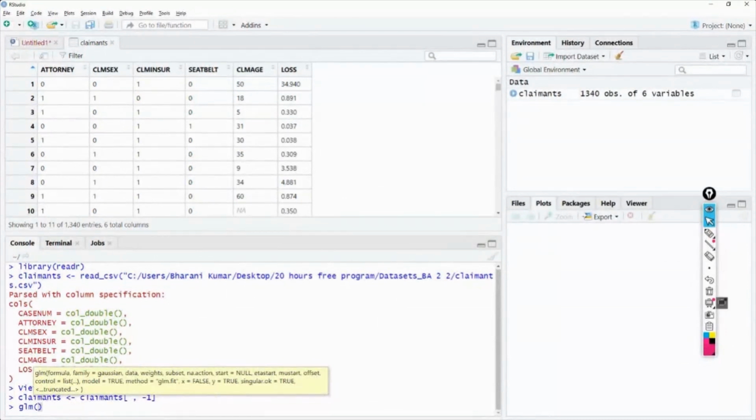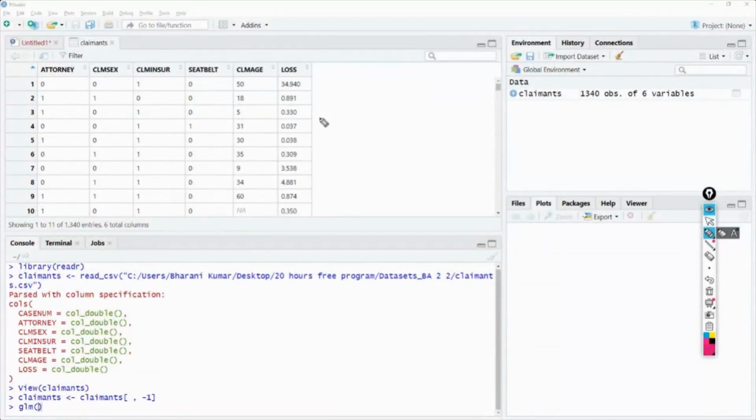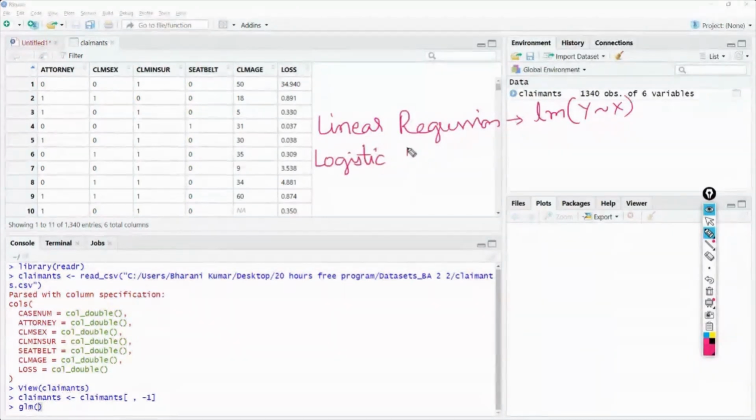Generalized linear model. For linear regression, we have used a function which is linear model of y tilde x. That's it. But for logistic regression, it is slightly different.